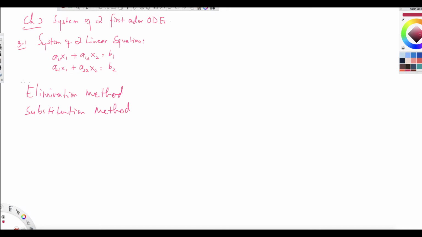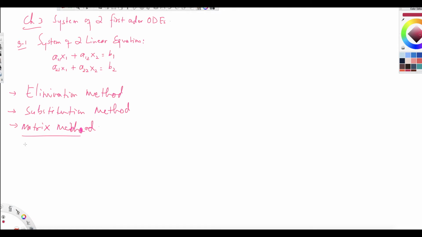But we are focusing here on the third method, called the matrix method. In the matrix method also, there are several different methods to solve a pair of equations.